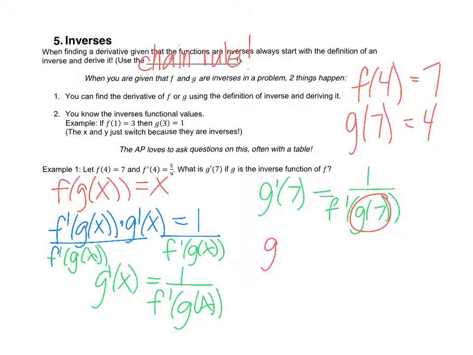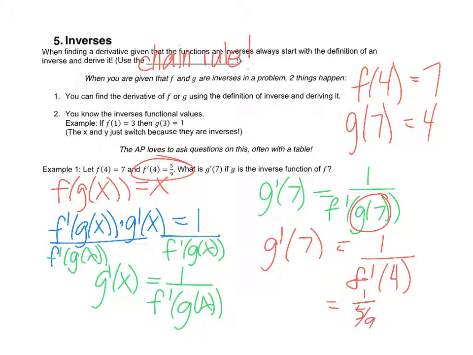So g prime of 7 is now equal to 1 over f prime of, replace that with 4. And they gave me f prime of 4, so that's good. That's 5/9, so this is just going to be 1 over 5/9. And that's a little fraction in the denominator of the big fraction, so that bottom number is going to flip up to the top. So I can say that g prime of 7 is equal to 9/5.